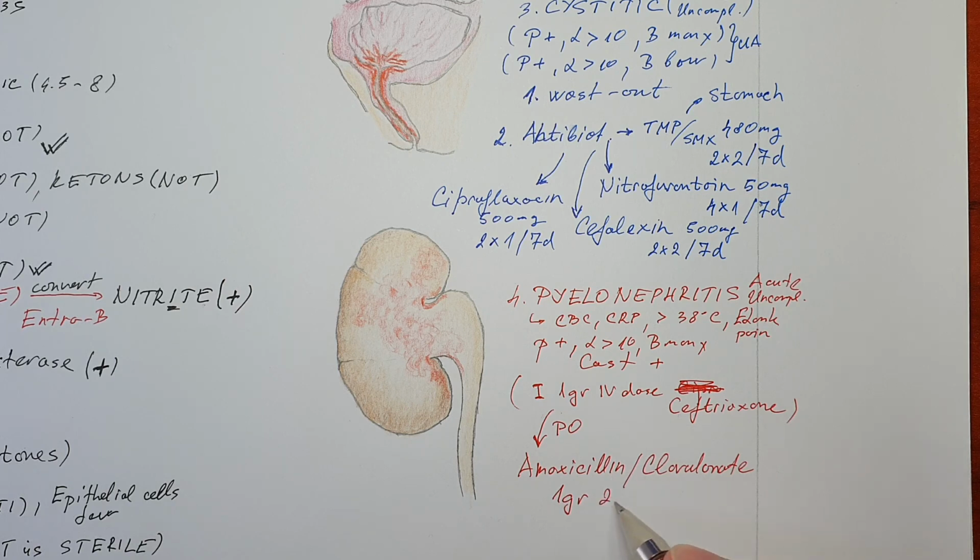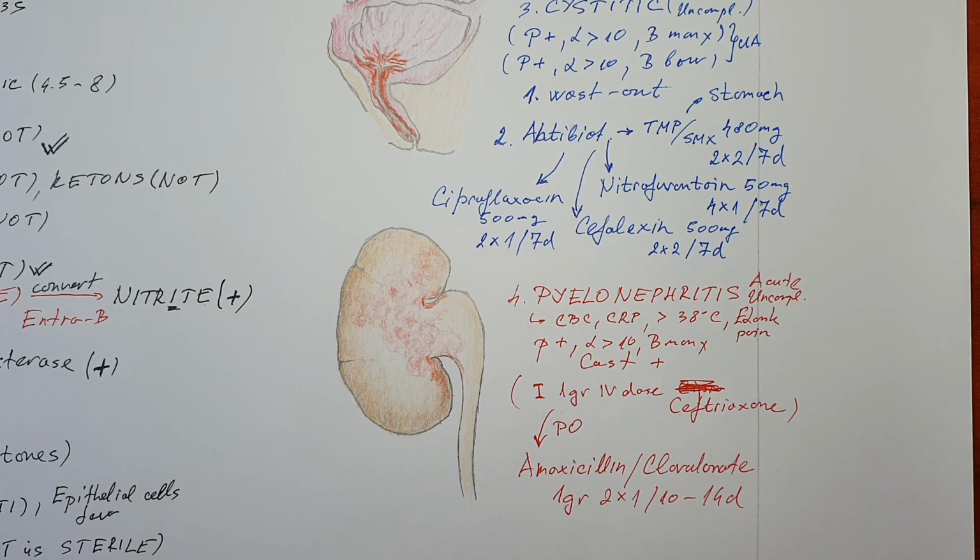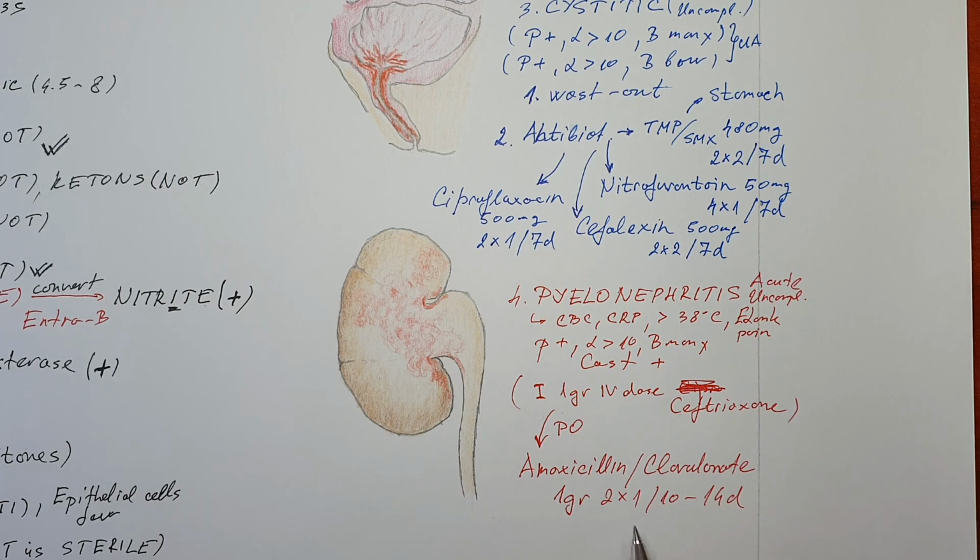They're given 2 times a day, 1 tablet, for 10 to 14 days. There are also other possibilities like ciprofloxacin and trimethoprim-sulfamethoxazole that are given for an extended period of 10 to 14 days.